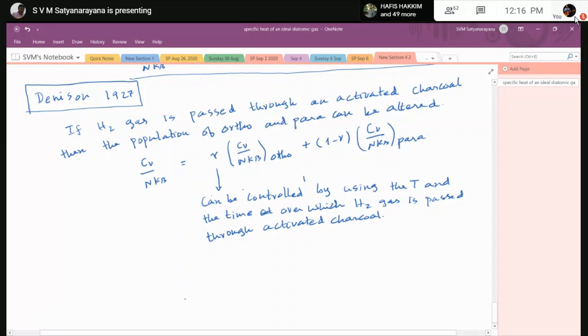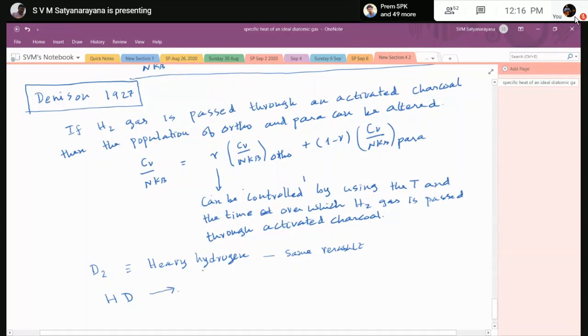So he also did this experiment with, for example, D2, which is called heavy hydrogen, and he found that the results are the same. And then he did these experiments with HD, that means one is hydrogen and the other is deuterium.